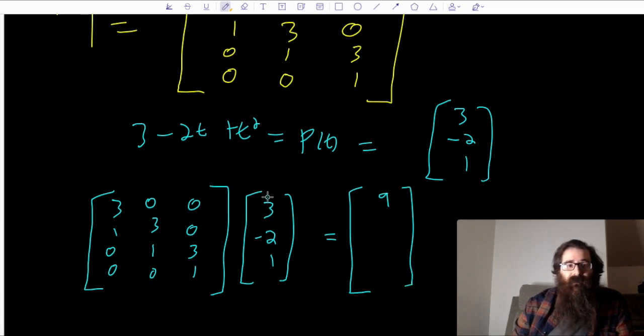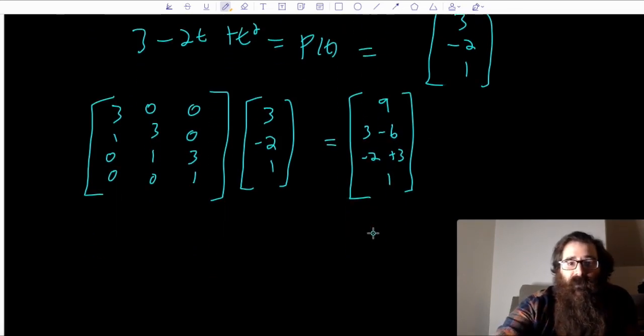Here I'm going to get 1 times 3 gives me 3. 3 times negative 2 gives me negative 6, and then 0 times 1, and I'll fix that up later. 0 times 3 is 0. We get 1 times negative 2 is negative 2, plus 3 times 1 is 3. And then last entry, 0 times 3 is 0. 0 times negative 2 is 0. 1 times 1 is 1. So this actually builds for us a vector.